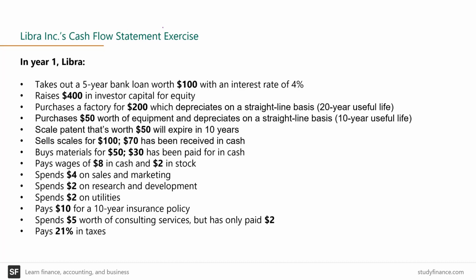Similarly, since we incurred $5 worth of consulting services, but only paid $2, we'll have to assign the remaining $3 as accrued expenses. We don't have to worry about taxes on a cash flow statement as net income on the top line already factored in. So that's it. It's a lot to digest, but we'll dig into it and get it all sorted out.